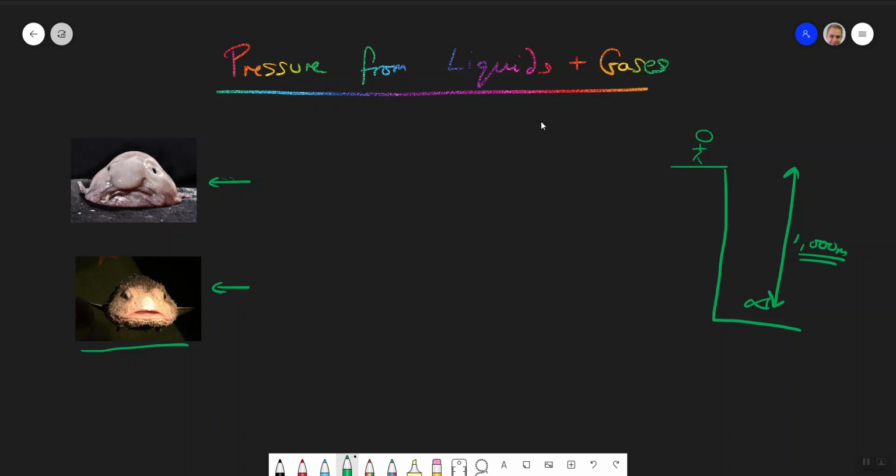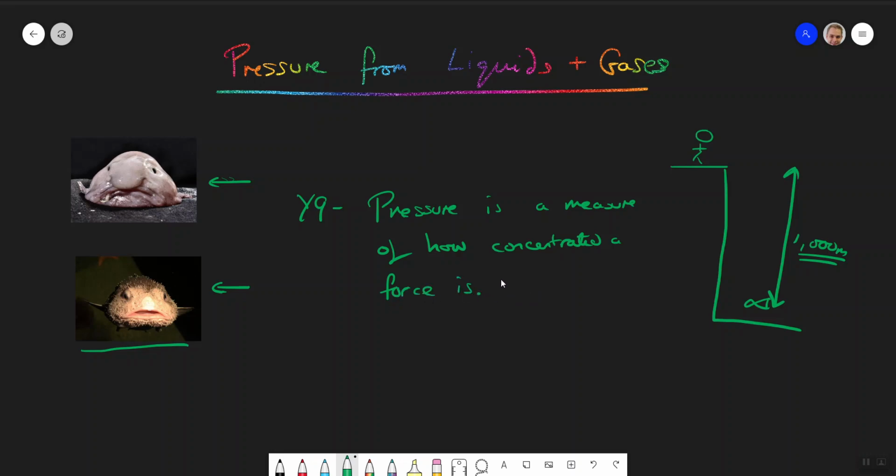We'll come back to exactly how you experience what you experience, but I'll just define pressure to start with. So as a recap from year 9, hopefully you remember that pressure is a measure of how concentrated a force is.